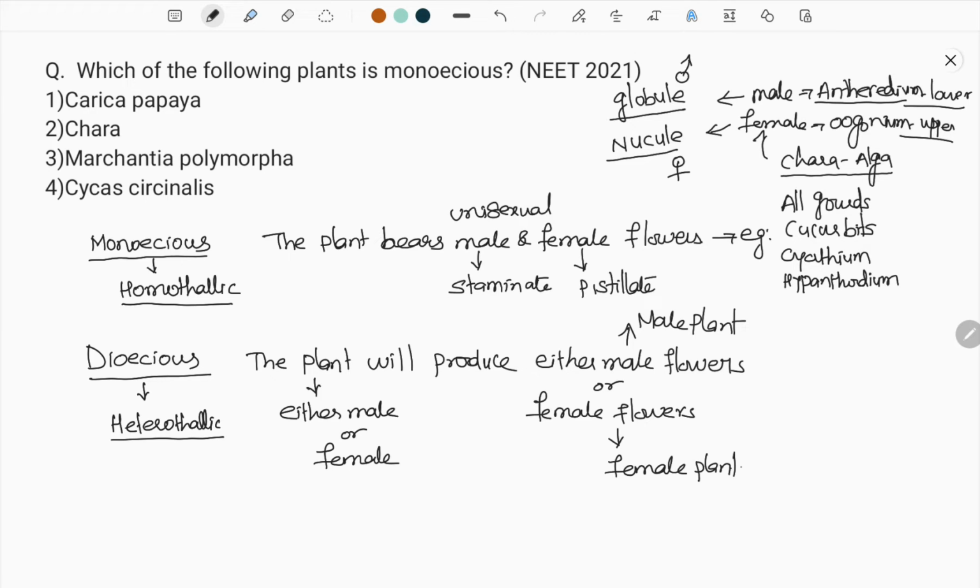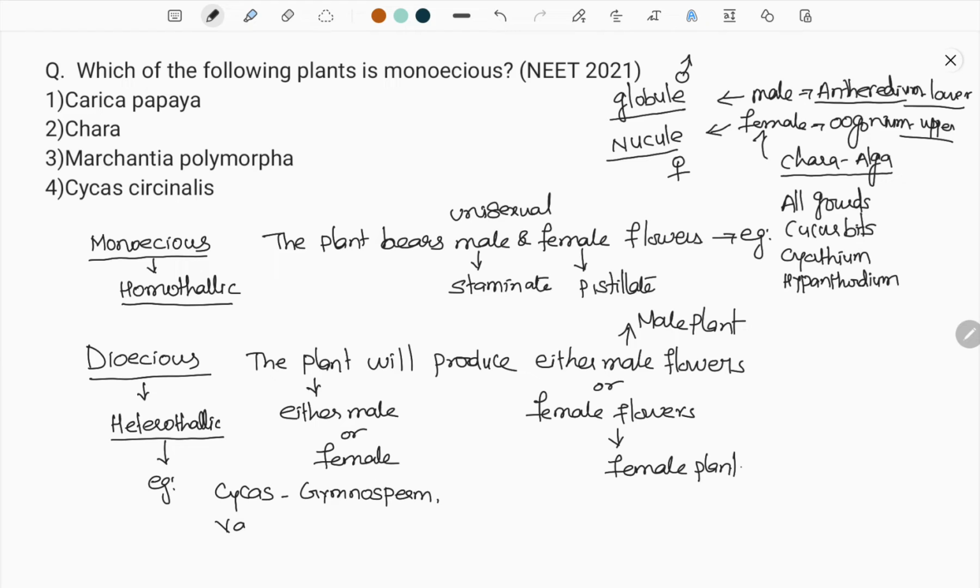Next, coming to dioecious, I have told you that dioecious plants are either male or female. We can give so many examples. One is Cycas, a gymnosperm in which the male and female plants are different.